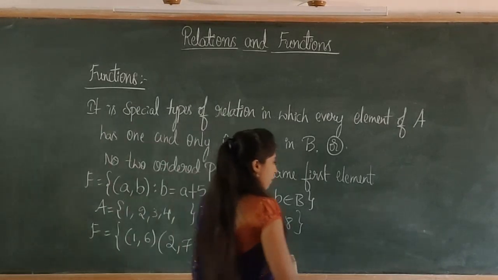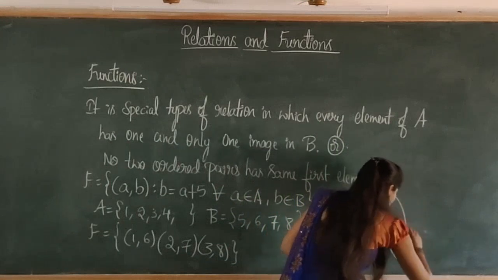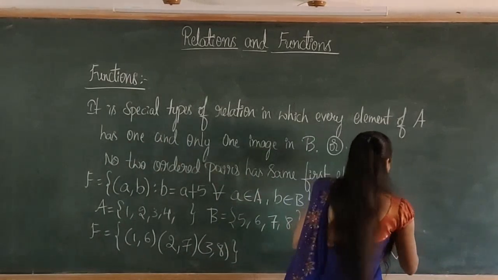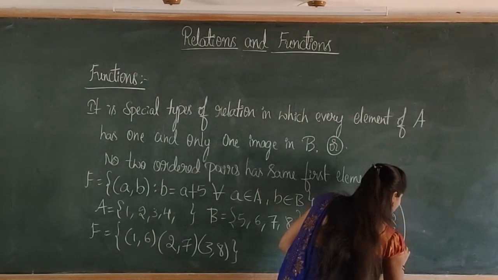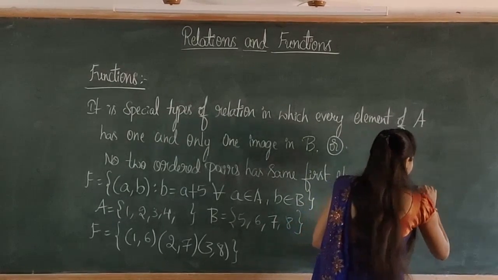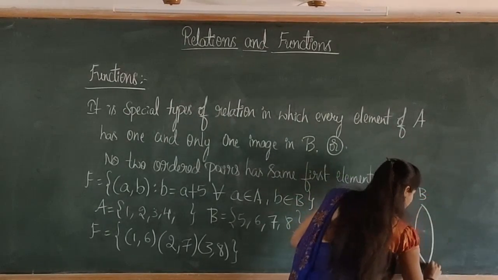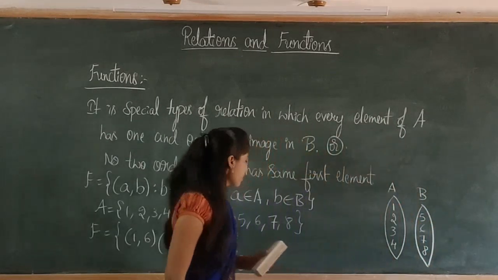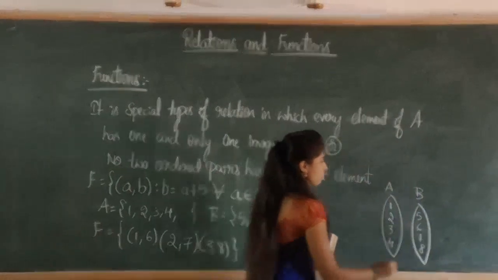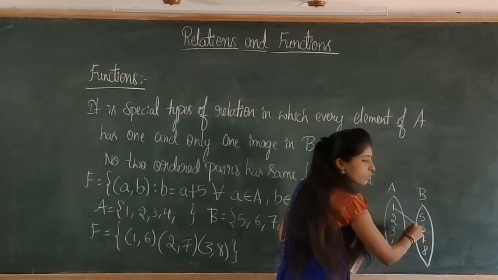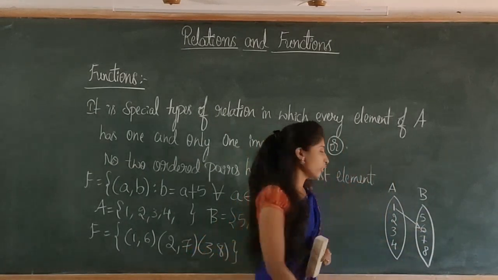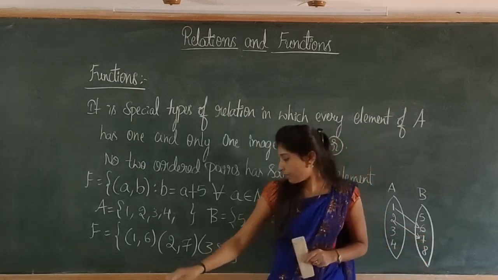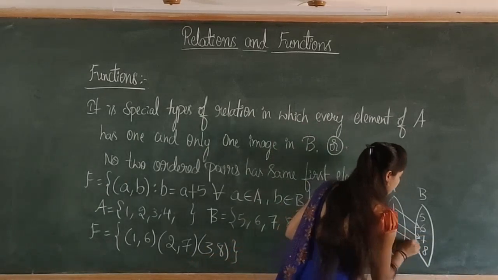By arrow diagram, see here the function. Set A is 1, 2, 3, 4, and set B is 5, 6, 7, 8. Here 1 is related to 6, 2 is related to 7, then 3 is related to 8.